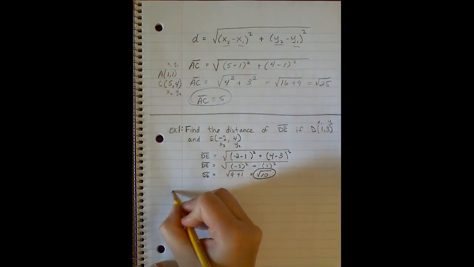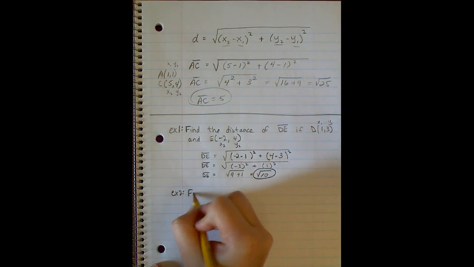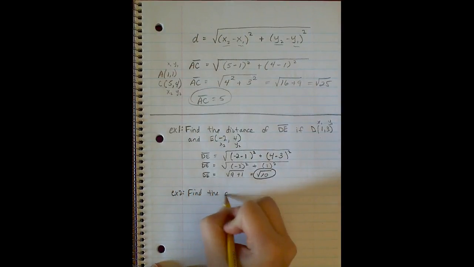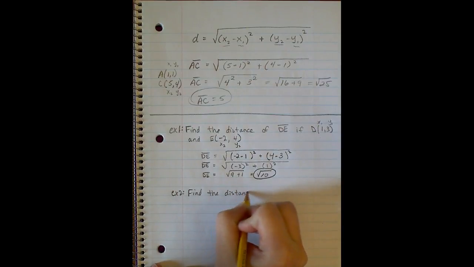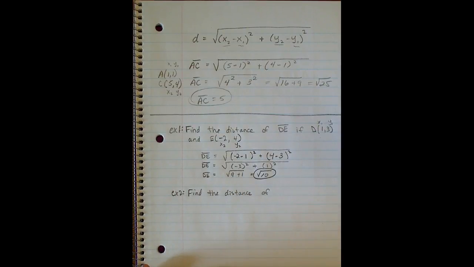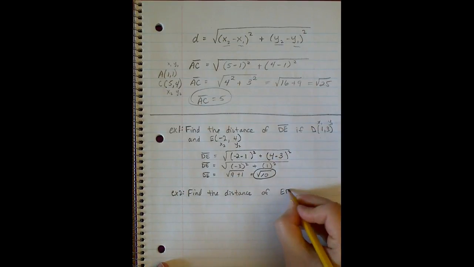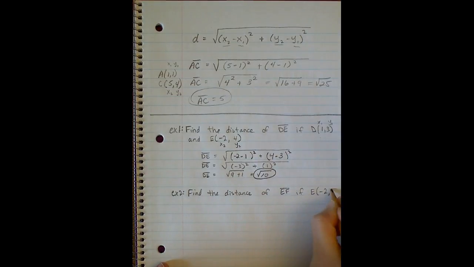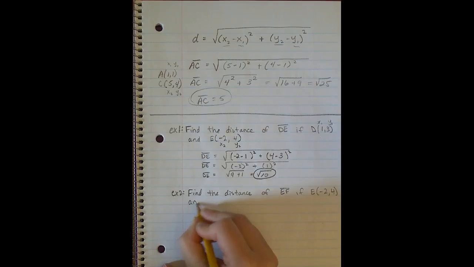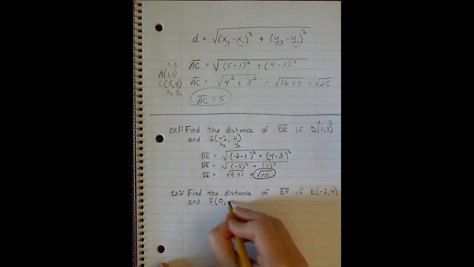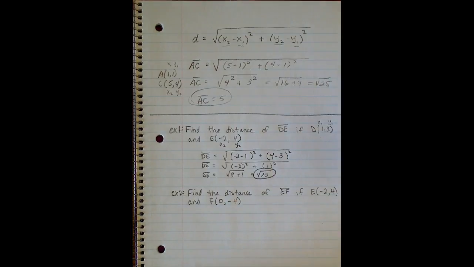Okay? And example 2. We'll try one more. Find the distance of EF if we'll use the same coordinates for E, -2, 4, and F is at 0, -4. So now we have two negatives.